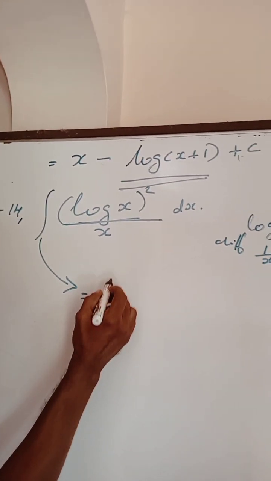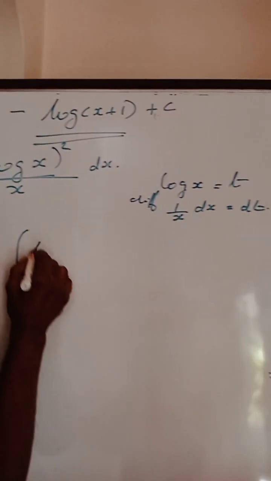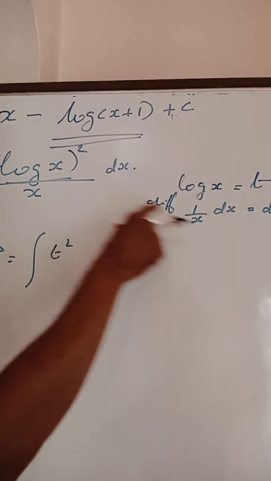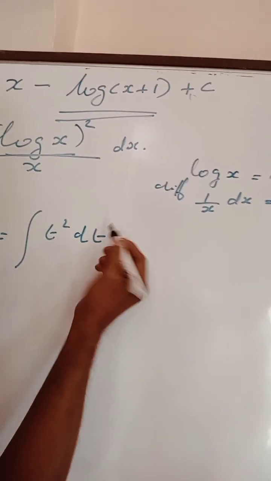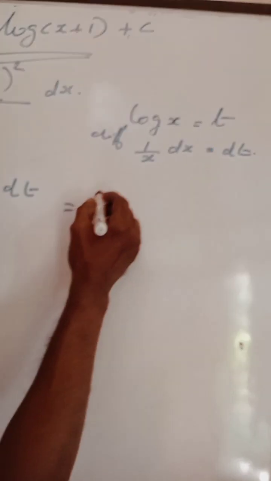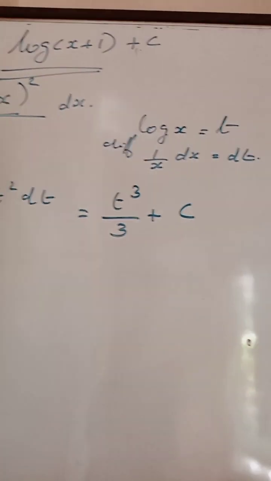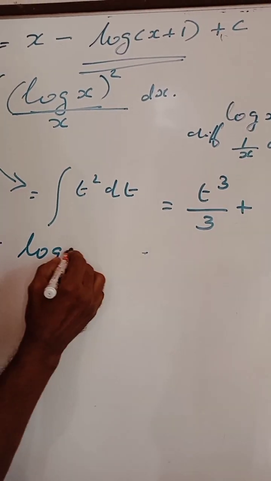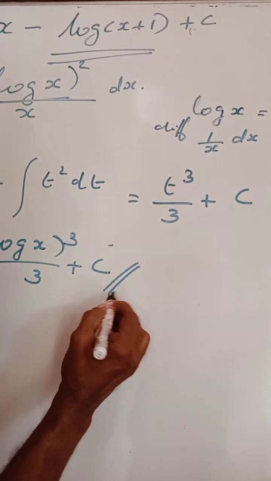Therefore, instead of log x, we can write t, and t squared into, instead of 1 by x dx, we replace dt. This is equal to the integration of t squared, which is t cube by 3 plus c. We replace t by log x. That is equal to log x the whole cube by 3 plus c.